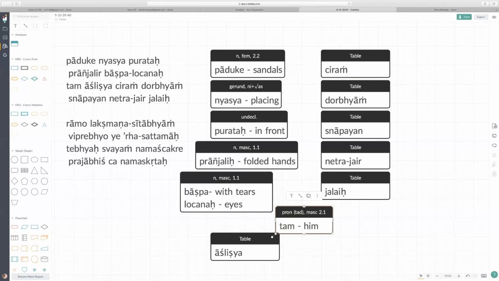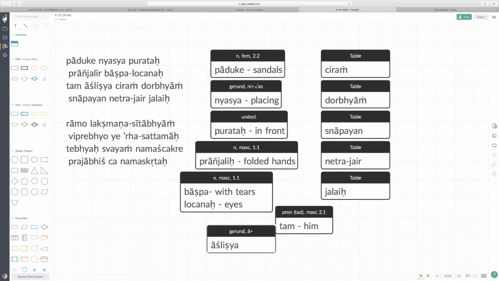Aslishya. Now we are looking at the word, and we notice ya at the end, which leads us to think it's again a gerund. So it's from which verb?